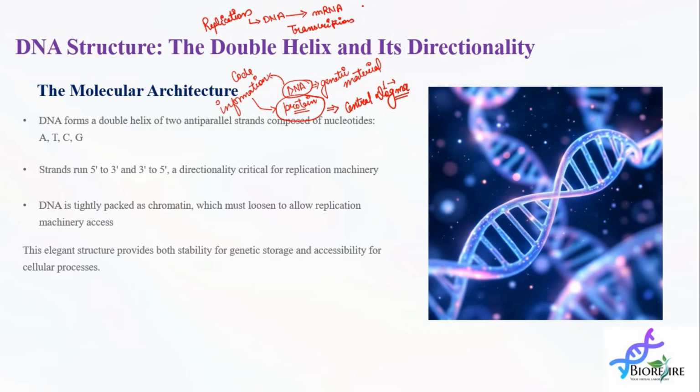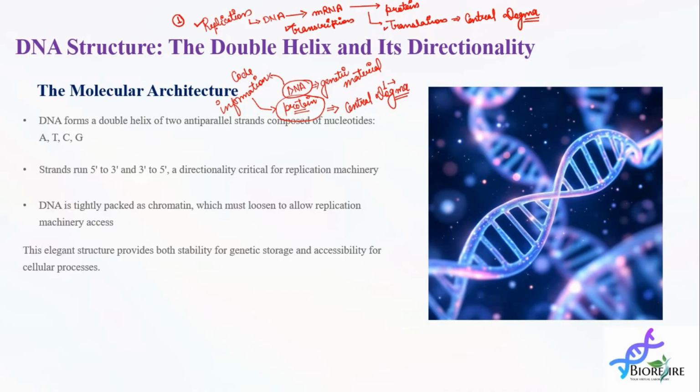And then finally this mRNA is converted into protein, and the process by which mRNA is converted into protein is known as translation. Replication, transcription and translation are known as the central dogma of molecular biology.